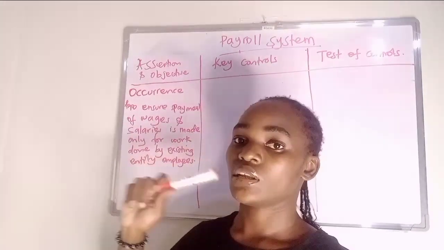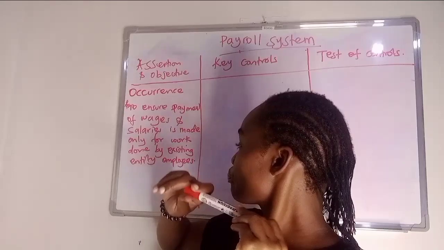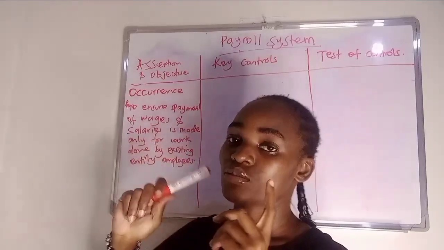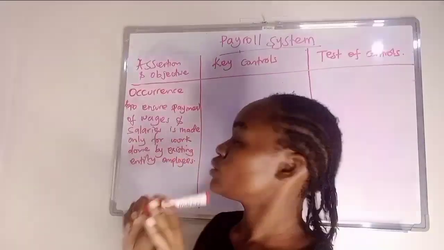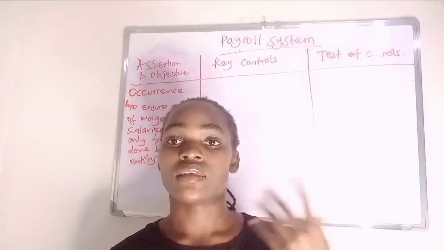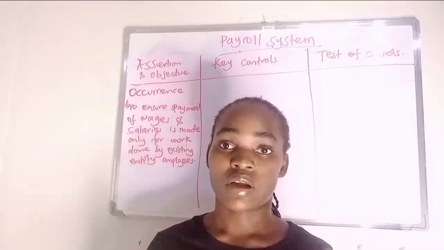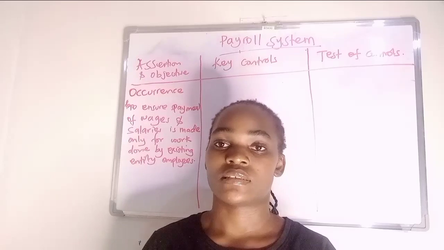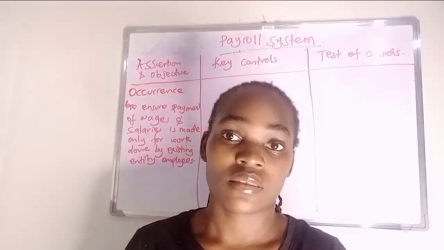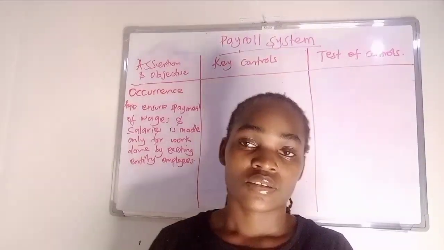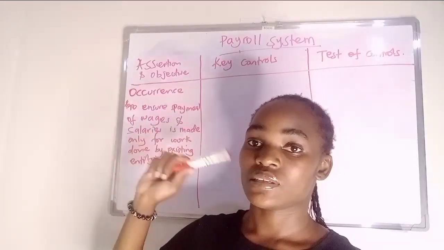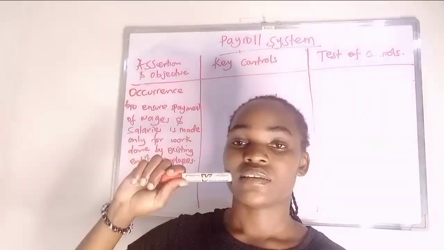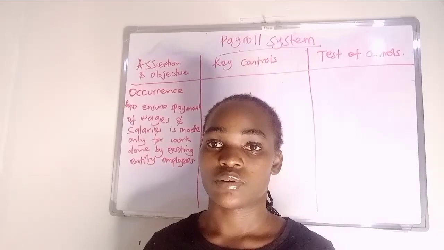So this assertion has to make sure that the payment of wages is made only for work done, like they pay them after working. It's the reason as to why companies pay at the end of the month, not at the beginning of the month. So payment of wages and salaries is made for work done and then for existing entity employees.